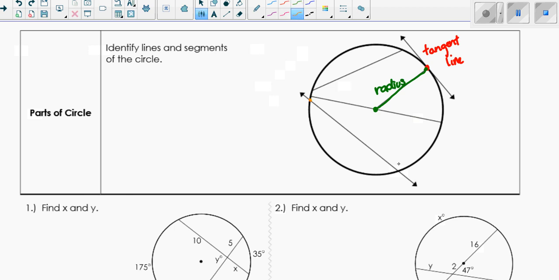This line that hits here and hits here but extends outside of my circle is called a secant line. This segment that hits my circle in exactly 2 places, segment though, is called a chord.